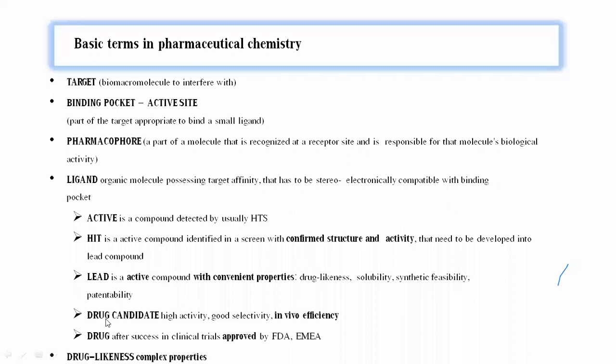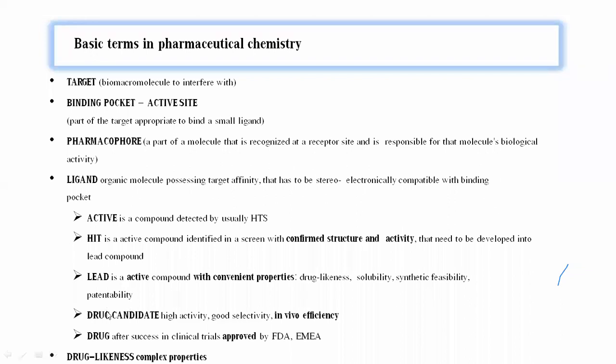Now, the next definition is drug candidate. We have seen the active, the hit compounds, the lead compound, and the next one is drug candidate. High activity, good selectivity, in vivo efficiency.